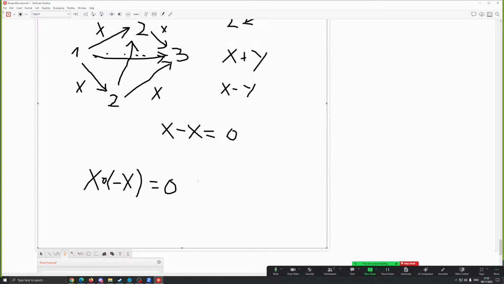If minus is reversal of direction, right?